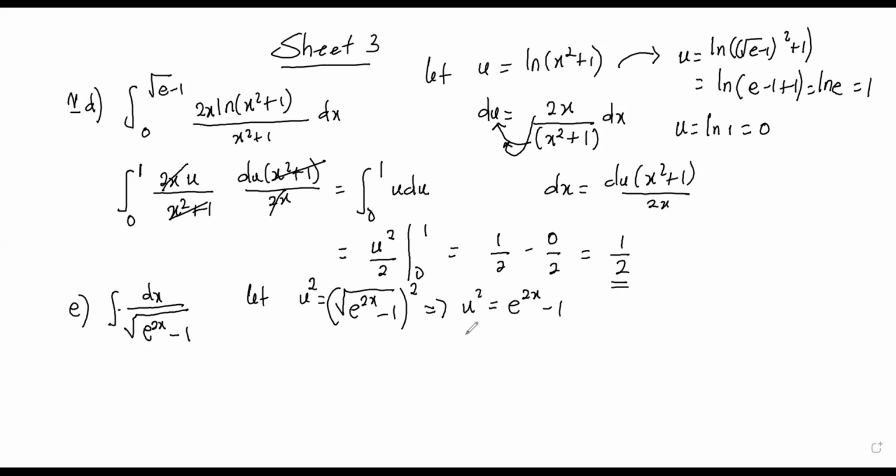So we differentiate this, we get 2u du, okay? So we get 2u du equal to 2e2x dx, so that we can make dx the subject.